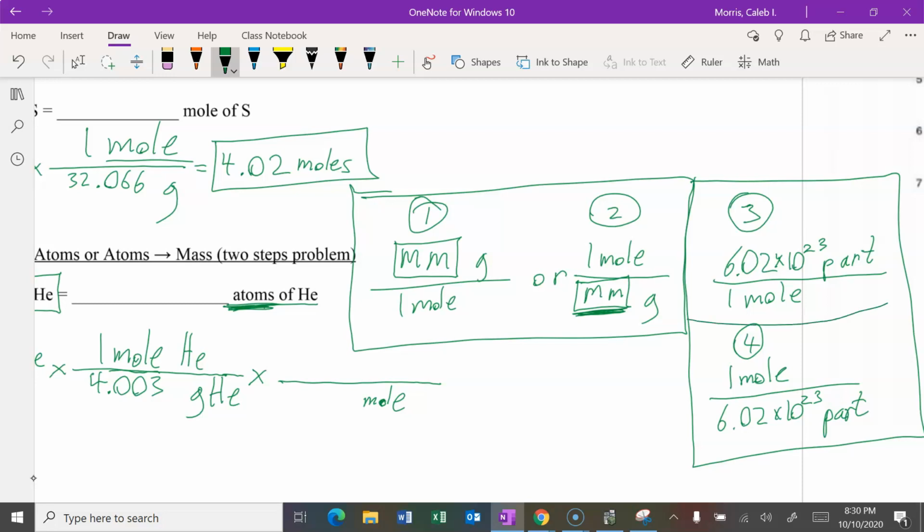That would be this conversion factor, number 3. So I'm going to put 6.02 times 10 to the 23rd power particles, or you could put atoms, if you'd rather, of helium over 1 mole of helium.